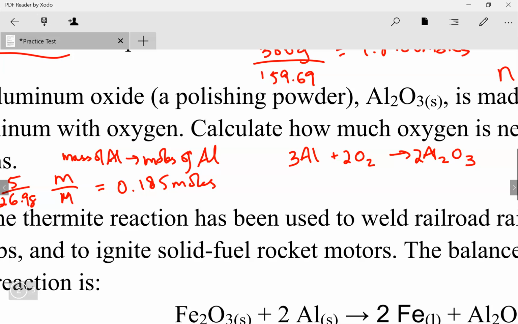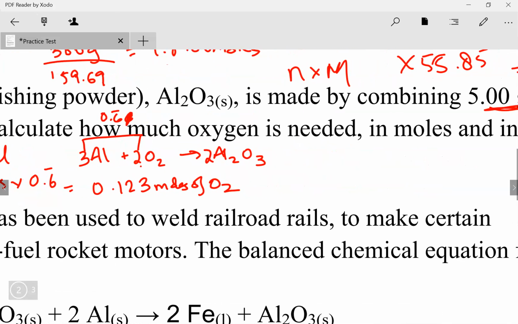And then I do my little conversion. So 3 moles of aluminum needs 2 moles of oxygen. So to get from 3 to 2, I have to multiply by 0.666. So I'm also supposed to multiply this by 0.666, which gives me 0.123 moles of oxygen.